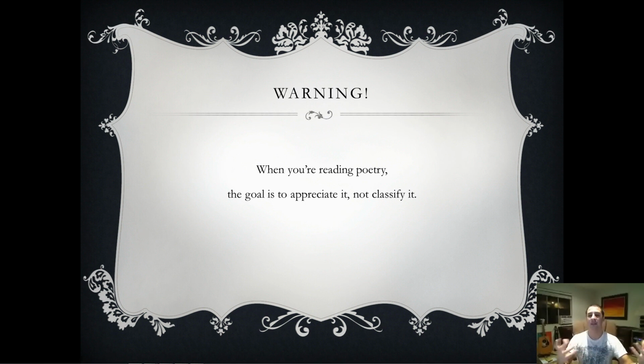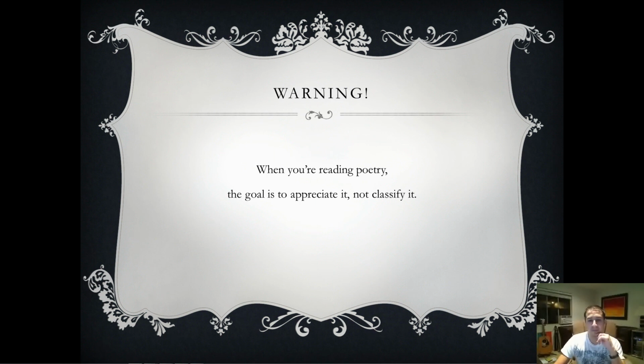I know I've given you these different categories and I've defined them. One of the big mistakes that beginning students make, and especially when they're teaching poetry, is that they go through a Bible study and say, oh, this is a parallel of expansion, this is a parallel of contrast or antithesis or what have you, and all you do is classify them.